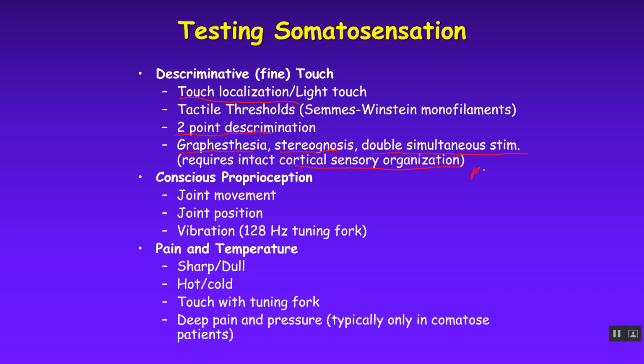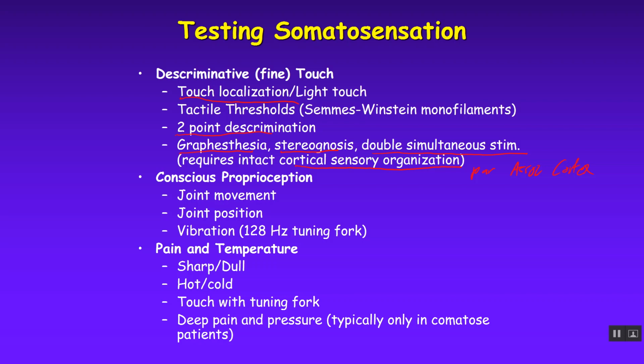So graphesthesia is where, and we'll play with this too, you take somebody's hand and you draw a number or a capital letter on their hand. Their eyes are closed, and then they are telling you what number or letter you wrote on their hand.